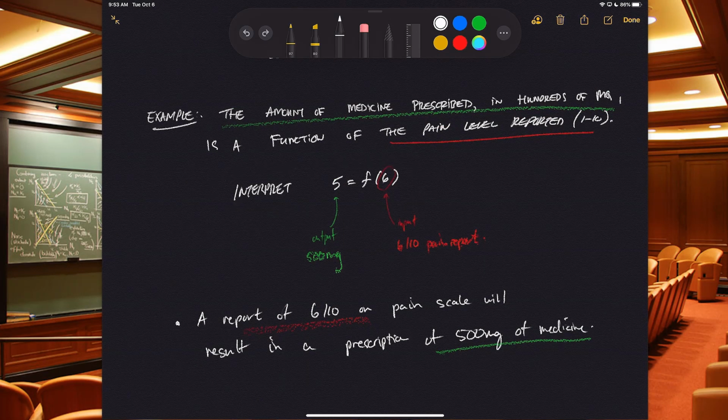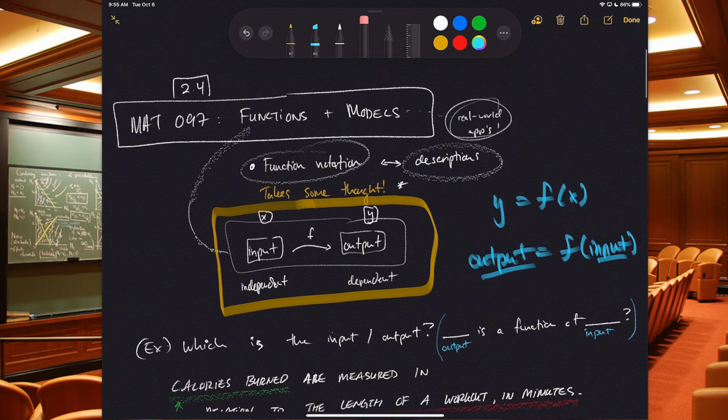So just to recap briefly, today we were looking at translating between a description of a model and the function notation, taking care to note what's an input that makes sense for a given output and vice versa. We need to make sure that our input is only being mapped to exactly one output.